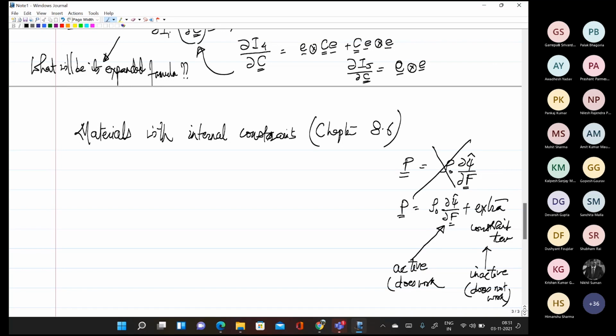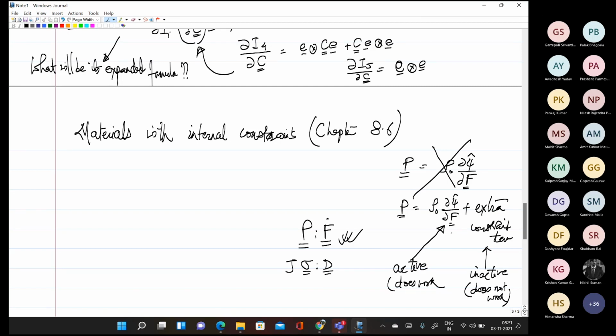And do you remember the definition for work or the power? It's P double contraction F dot, isn't it? Or J times sigma double contraction D. So the extra constraint term, when double contracted with F dot, should be 0. Okay, so that is something which does not come from the entropy inequality.